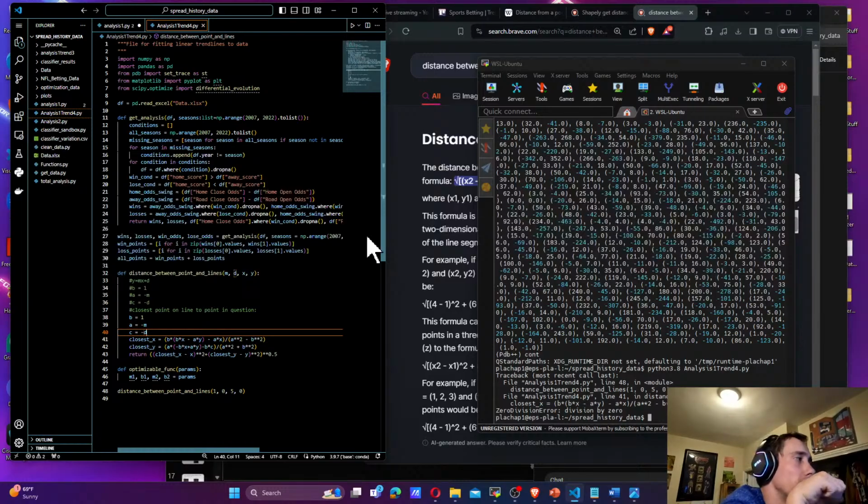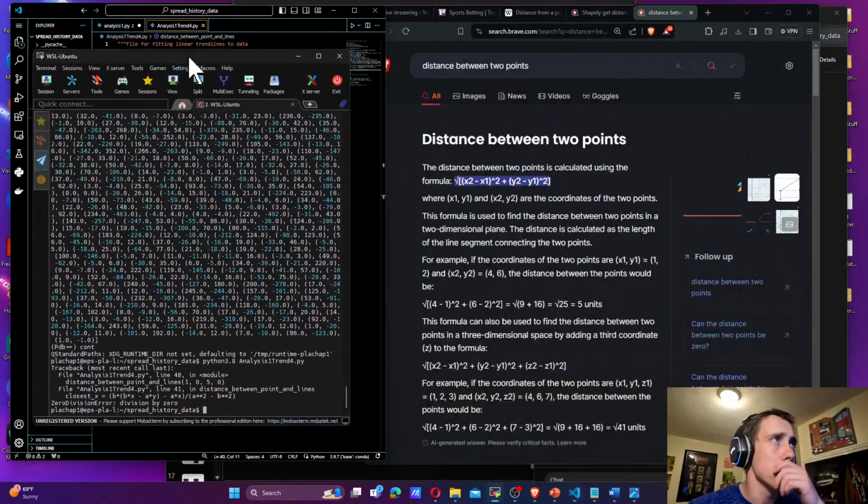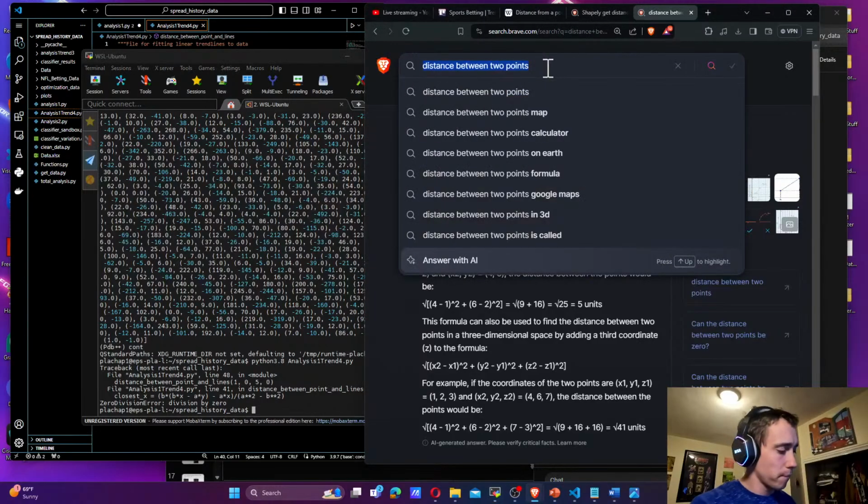So if the line... yeah, that doesn't help. What if... I'm trying to think, a squared minus b squared, b is always going to be 1. So if the slope... dang it.